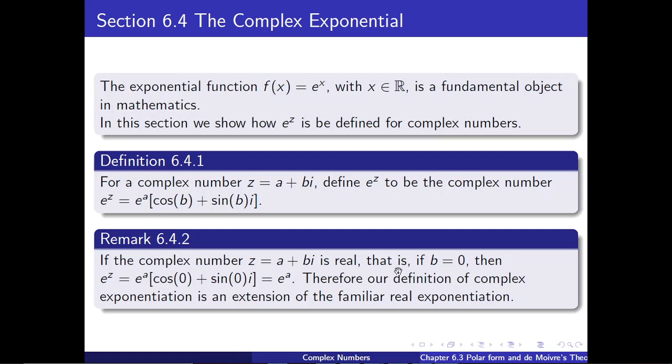So as a remark, if the complex number z, which is equal to a plus bi, is a real number, that is, if b is equal to 0, then we know that e to the z will be equal to e to the a times cos 0 plus sine 0 i, which is equal to e to the a, because cos 0 is equal to 1 and sine 0 is equal to 0, right? So therefore our definition of complex exponentiation is an extension of the familiar real exponentiation, right?